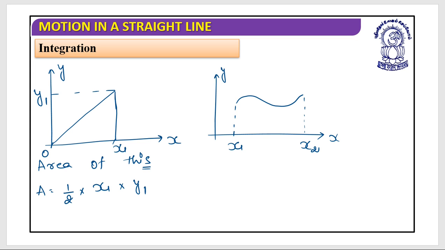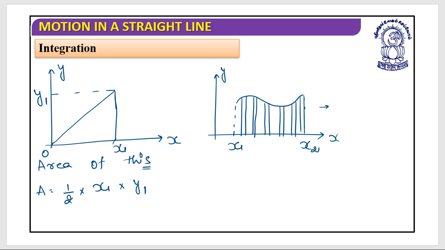What we can assume is to divide this shape into so many small segments such that each segment looks like a straight line. Can you do this? Yes.